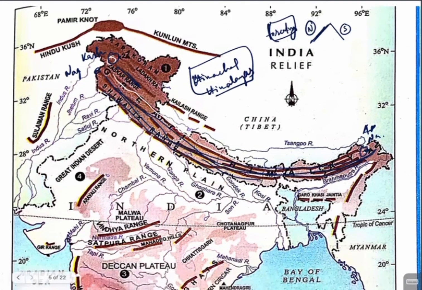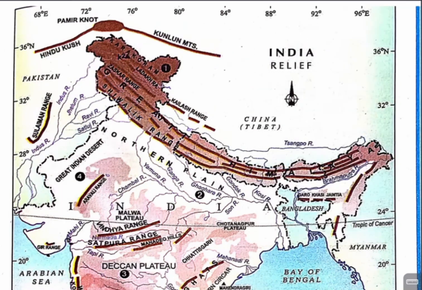Normally the parts of peaks above 5,000 meters are generally snow covered. Now there are various parts of the middle Himalayas from west to east.